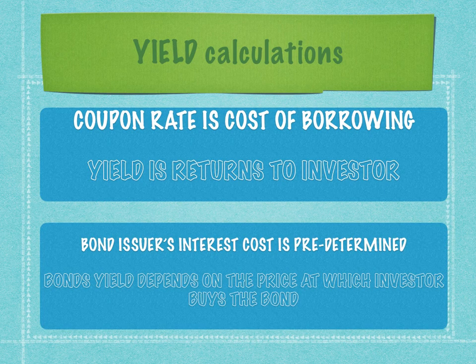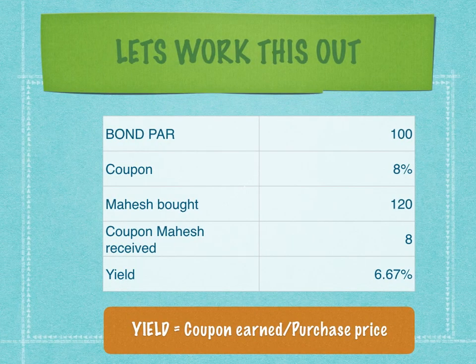The bond issuer's interest cost is predetermined. The bond yield depends on the price at which the investor buys the bond. So, coupon and yield are related to each other but do not mean the same thing at all.